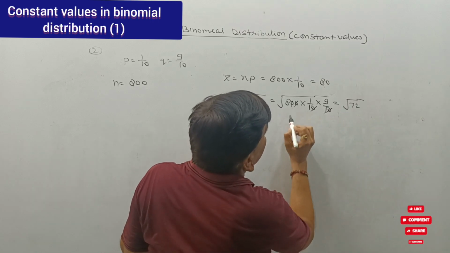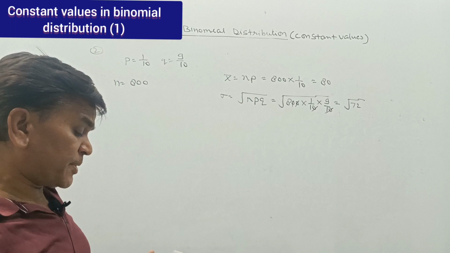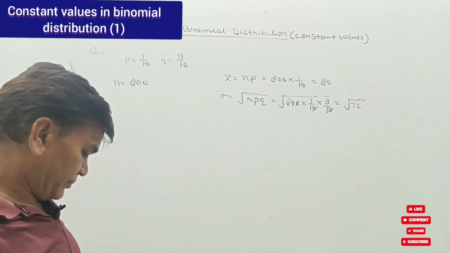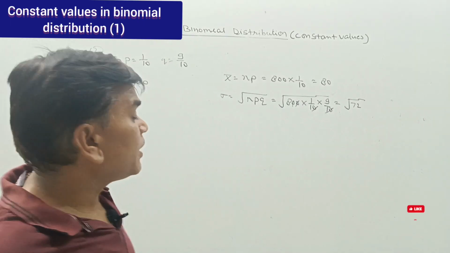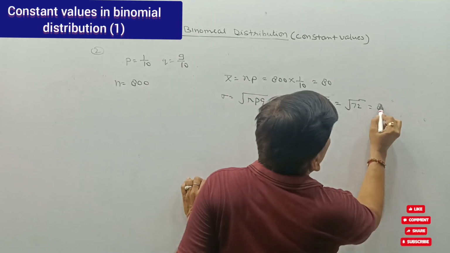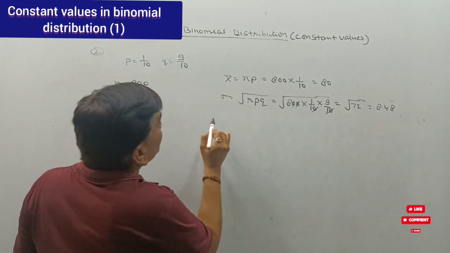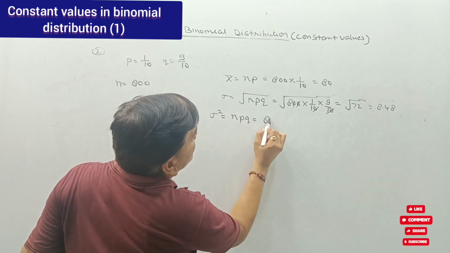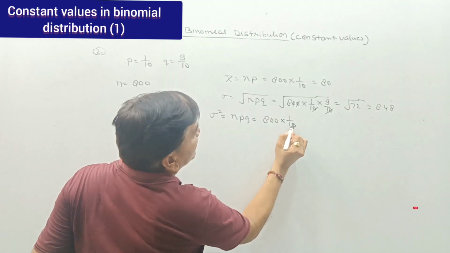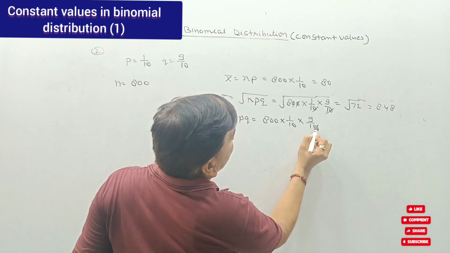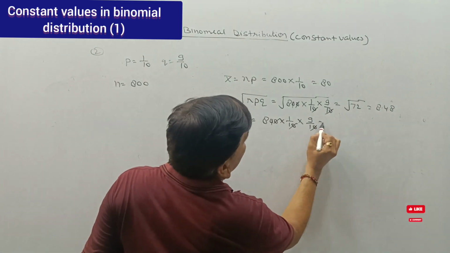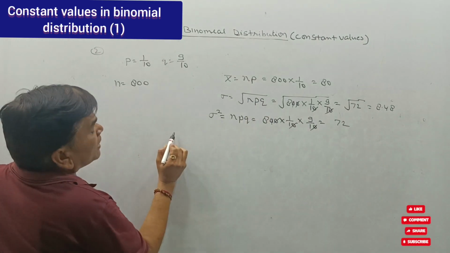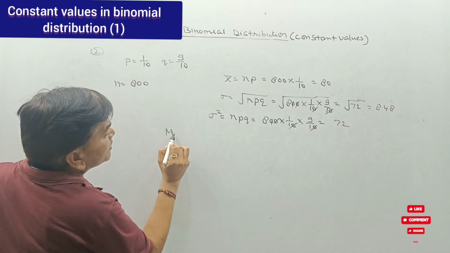So taking the square root of 72, we get 8.48. If we want the variance of this, that is npq. So that is 800 multiply by 1 by 10 multiply by 9 by 10. So that will be 72.